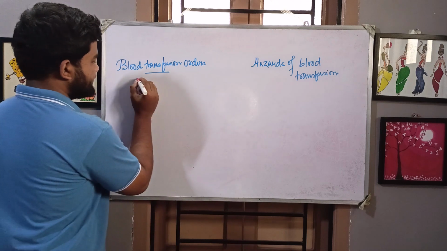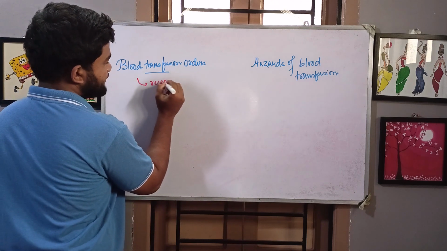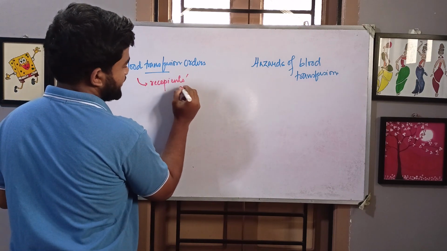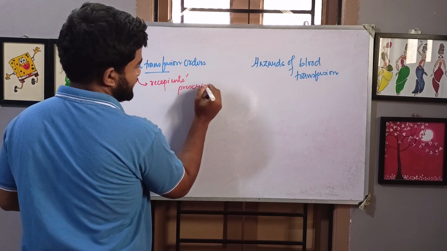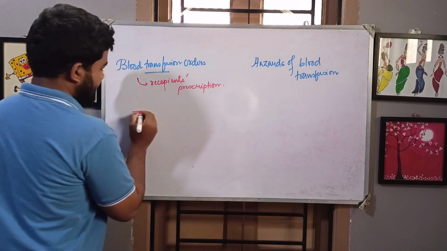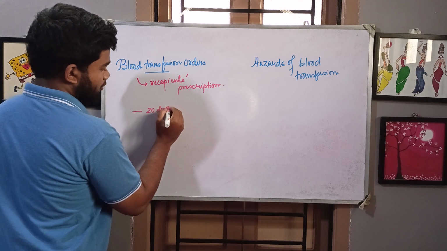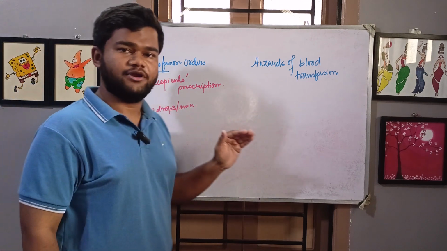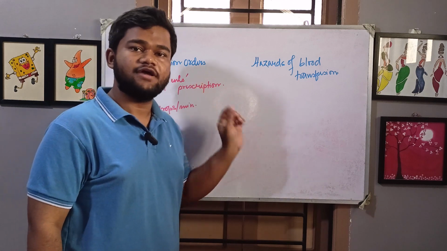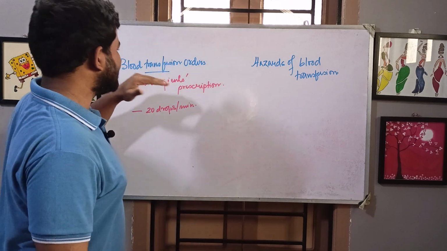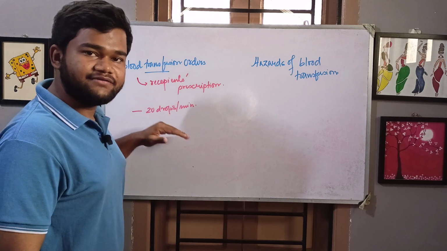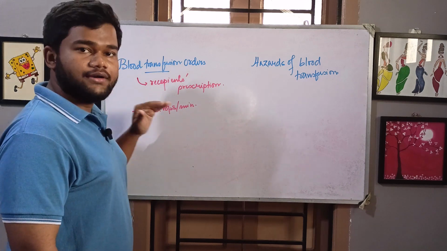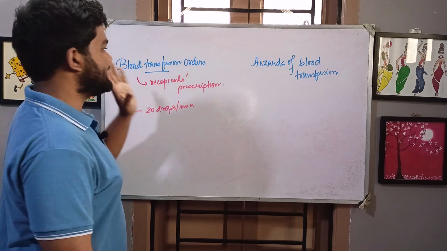It should be present in the recipient's prescription properly. For example, it might be written 20 drops per minute. That is, 20 drops of blood should be transfused into the recipient's body per minute. So basically, blood transfusion orders are the directives given by the doctor regarding the blood transfusion to the recipient.